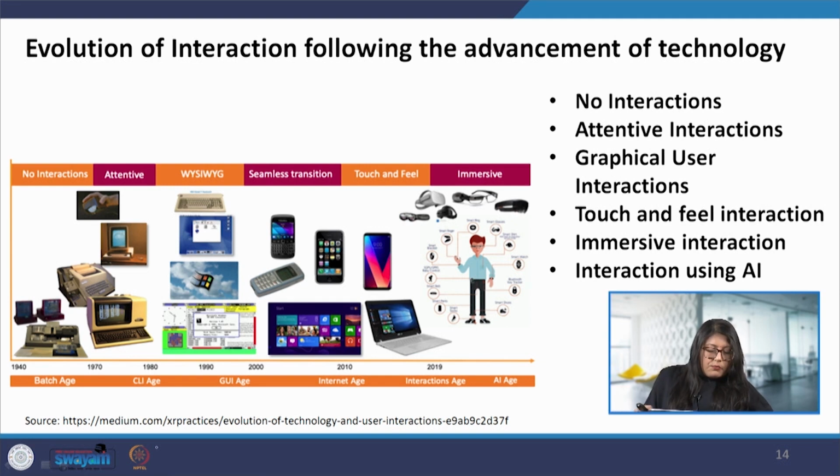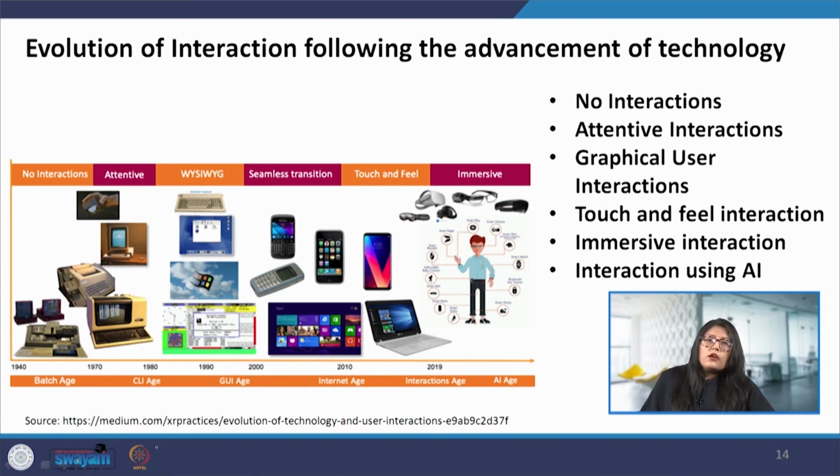Next we had the internet age. In fact, we are living in that internet age, and thanks to the internet we all are connected, and we are progressing quite quickly, because now we are able to connect with a lot of people and a lot of services, and it's helping out the society in a big way. Here it allowed us to interact with the system in a more positive manner.